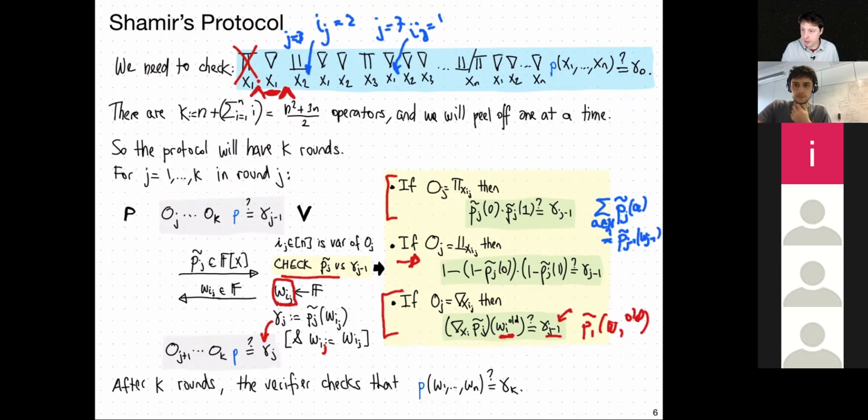All right, there's a question by Jenny about wij plus 1. Now here I am replacing the old value by the new one. So I'm not wanting to talk about ij plus 1. I'm just trying to replace whatever value the variable xij had with the newly sampled omega ij. Okay, that's what this means.